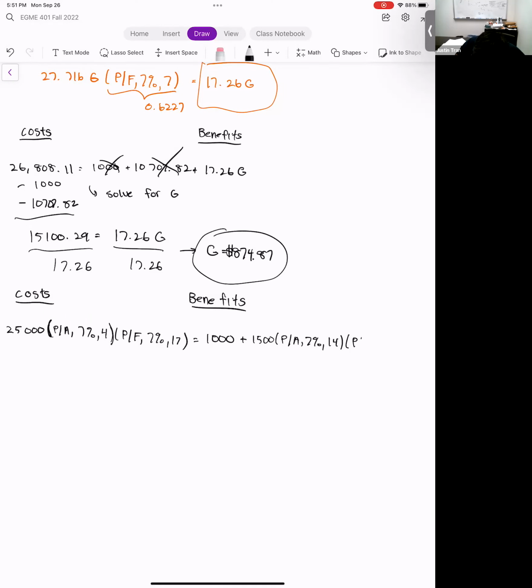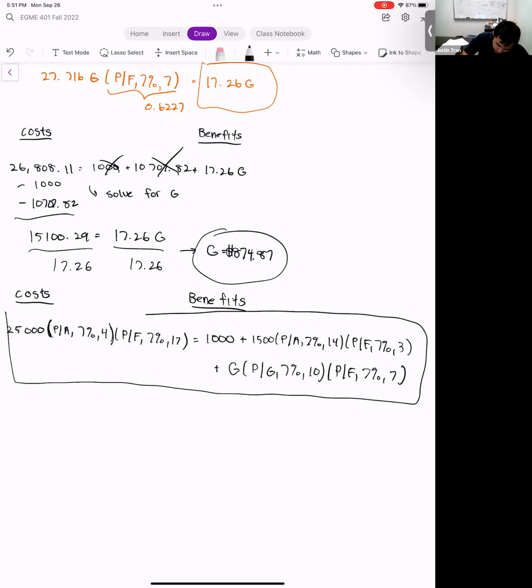So this is P over F, 7% and 3. Okay, and then finally we have G. So we have G, P over G, 7%, 10. Then we move this back to present day, so we have P over F, 7% and 7. Okay.